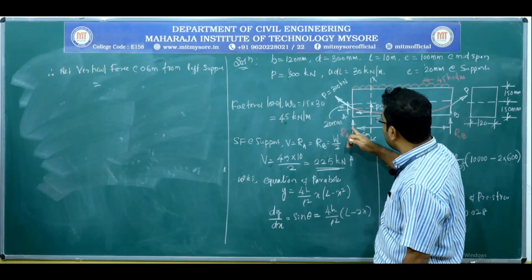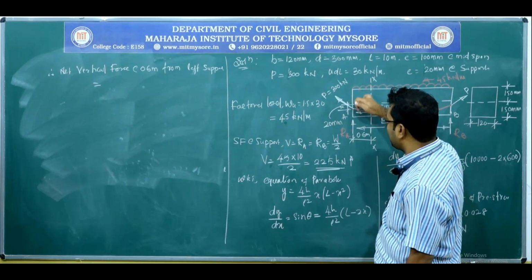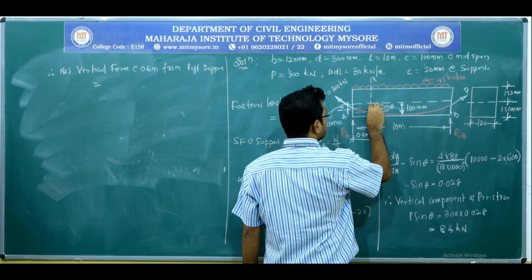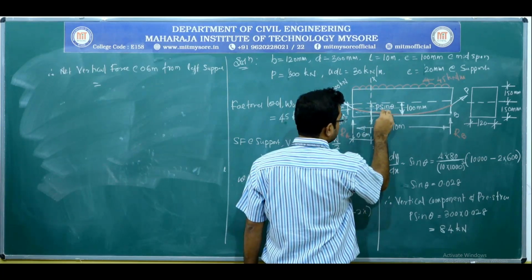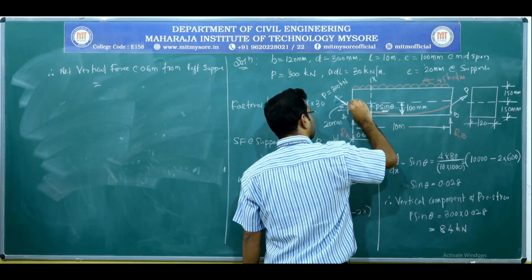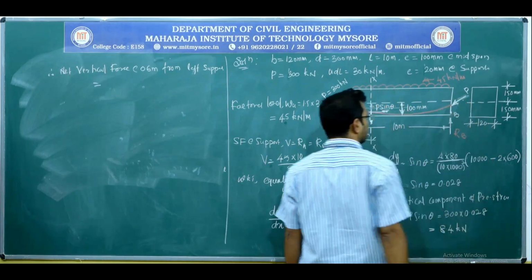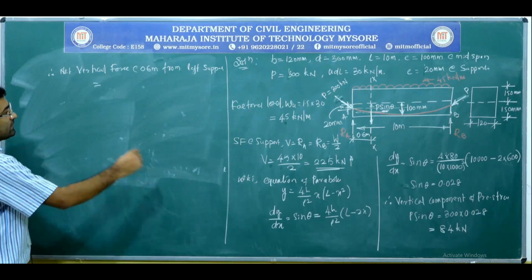So here you can see RA is acting vertically upwards and this UDL is acting downwards. And the prestressing force will have a component vertically downwards.